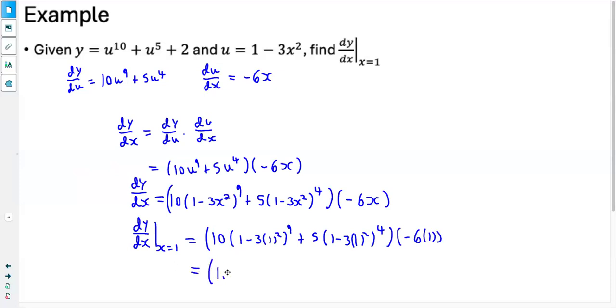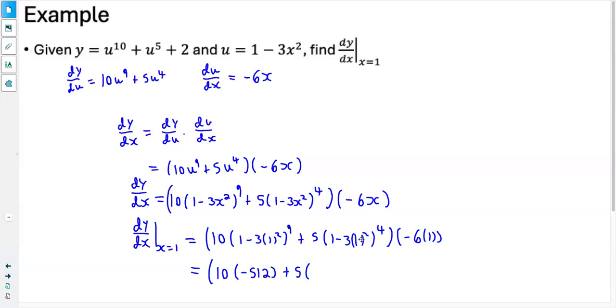That gives us 10 times 1 minus, essentially 1 squared is 1 times negative 3 would be negative 3. So we'd have 1 minus 3, which is negative 2, and then negative 2 to the power of 9 gives us negative 512. Then we have plus 5 times, well, we determined as negative 2.